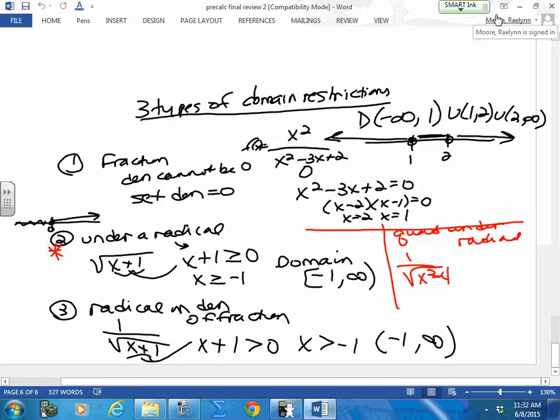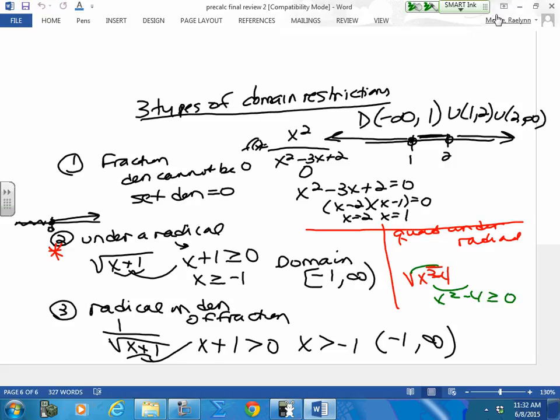We're going to keep that in mind, and we're going to use your rules. We're going to set this greater than 0. Let's not make this a fraction. Let's just make this a regular one, since I didn't graph it with a fraction. So we're going to say x squared minus 4 greater than or equal to 0. You're going to set this equal to 0 and find your factors.